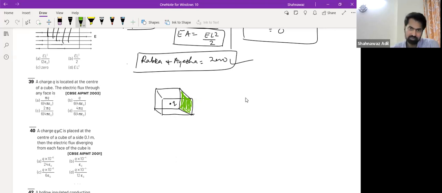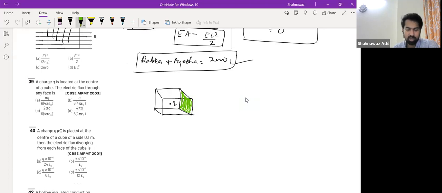Yes, Rabia. We just calculated at the corner. So Q by 8 epsilon naught.